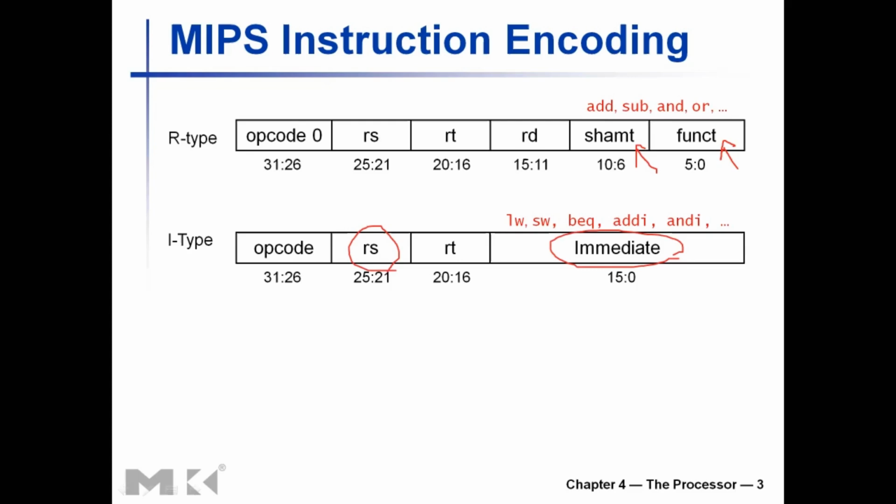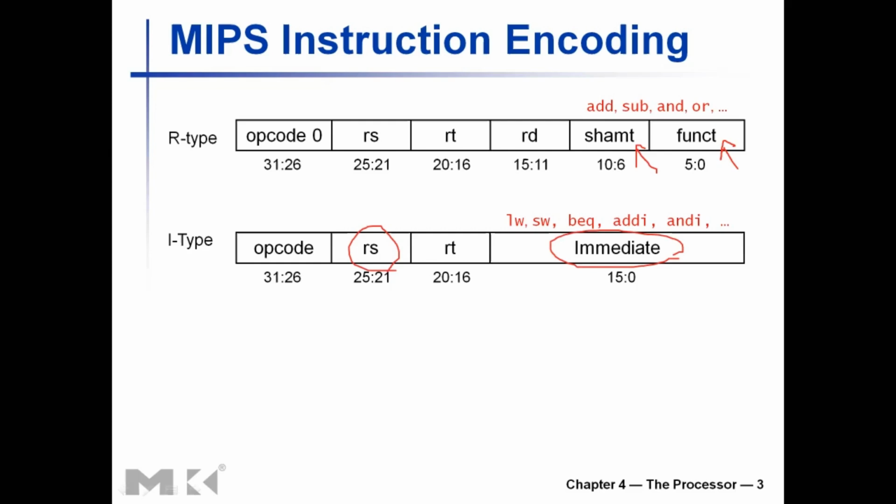Register RS is called the base register, where you have the base address, and the immediate value says how many spaces you want to offset from that base address in order to reach the address that you want to reach.